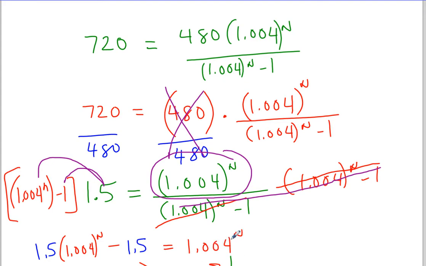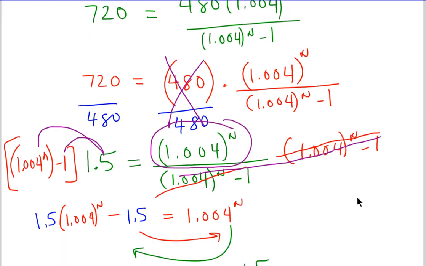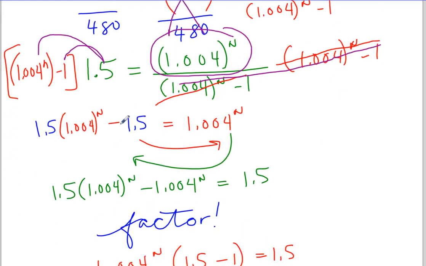And then I realized, well, I can't solve for n unless all my n's are on the same side. So we decide to move this 1.5 to the right, making it positive, and move this 1.004 to the nth power to the left, making it negative. And then I realized, well, if I have two variables, I have to have only one. And since their bases match, I can actually factor that out.